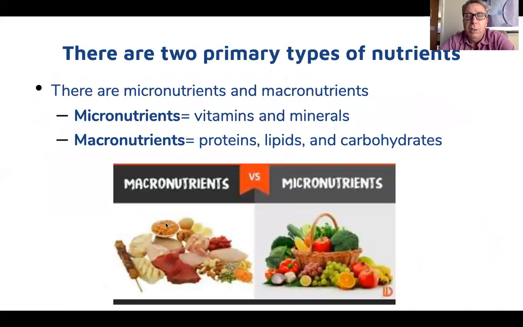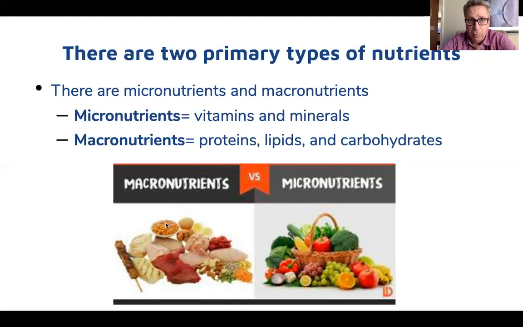So, in nutrition circles, I guess you could say, even in biology, we have those macronutrients. And when we talk about macronutrients, we talk about those big three that we always hear about: proteins, lipids, or fats, and carbohydrates.